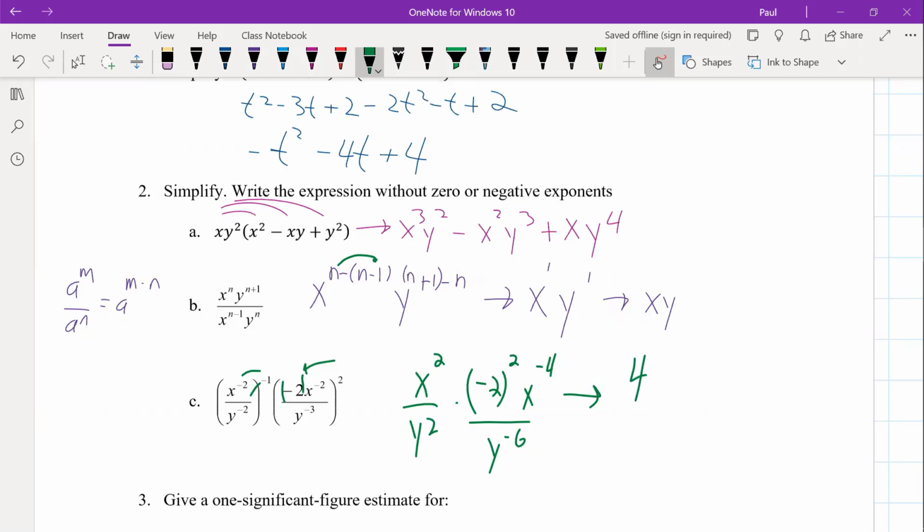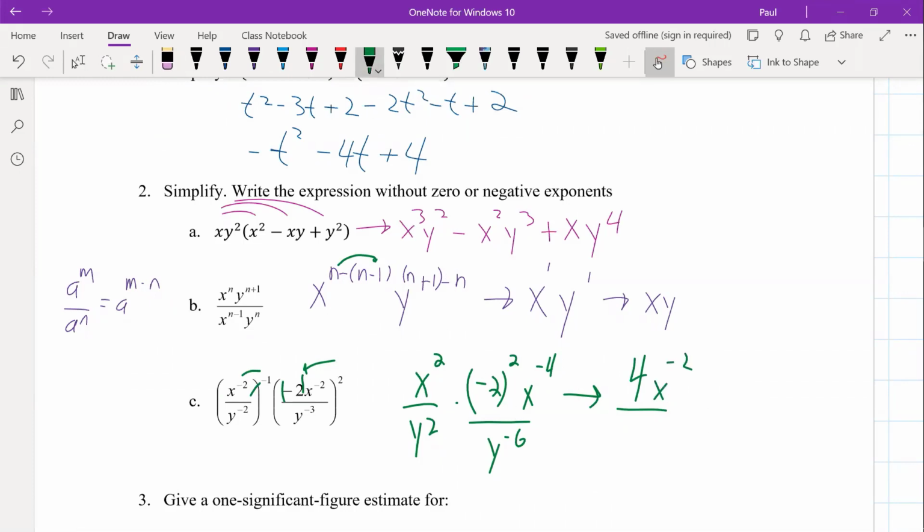You get minus 2. X to the -2 is 1 over x squared. I'll put the intermediate step in. It's x to the -2, right?